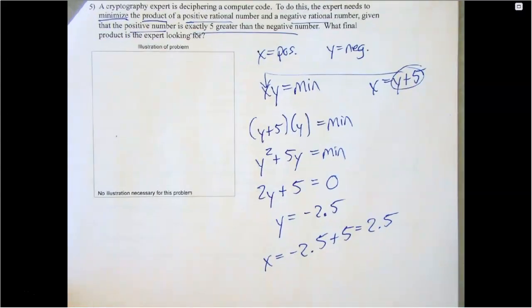Same thing, I think. It's fine, because all they're asking for at the end is the product. So we're each going to multiply our two numbers together and get the same thing.